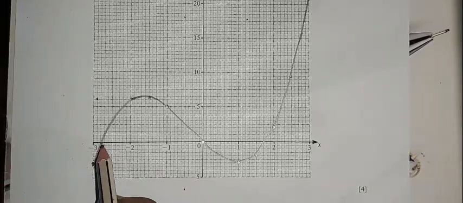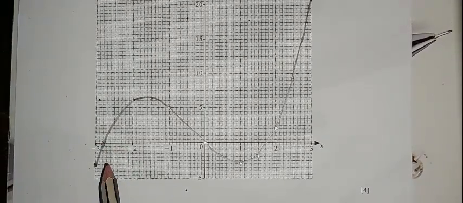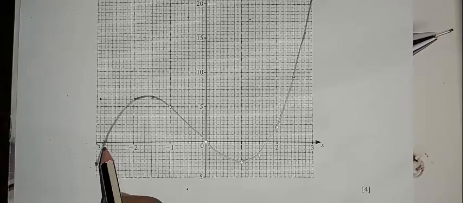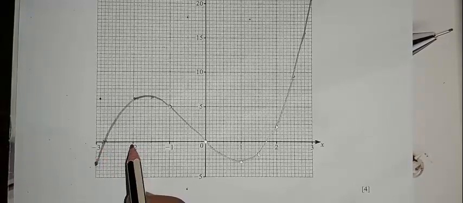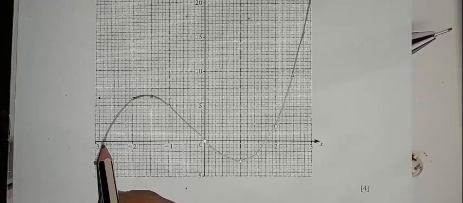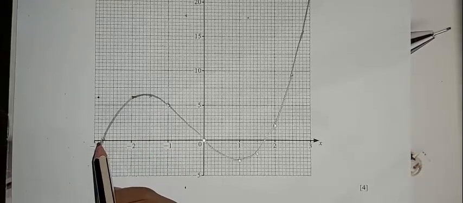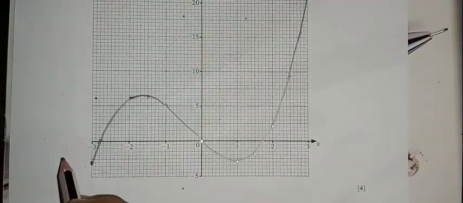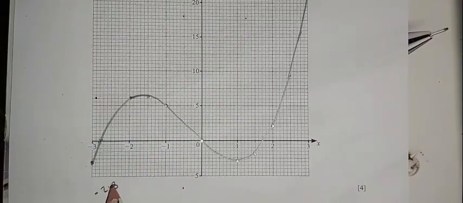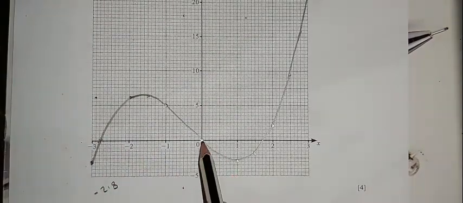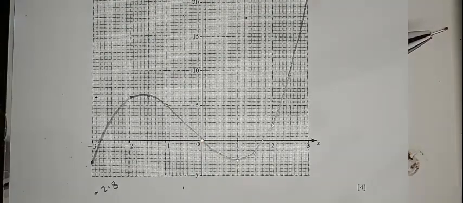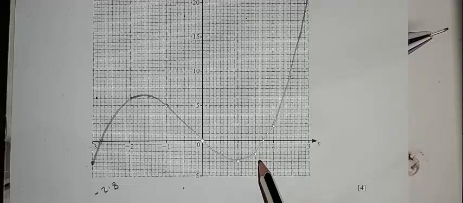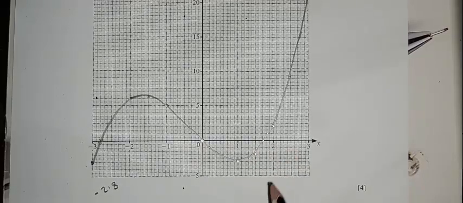We have this point here, maybe negative 2.9 or 2.8. Okay, negative 2.8, and the other point here is 0 and 0. And we have another point here, this may be 1.7.